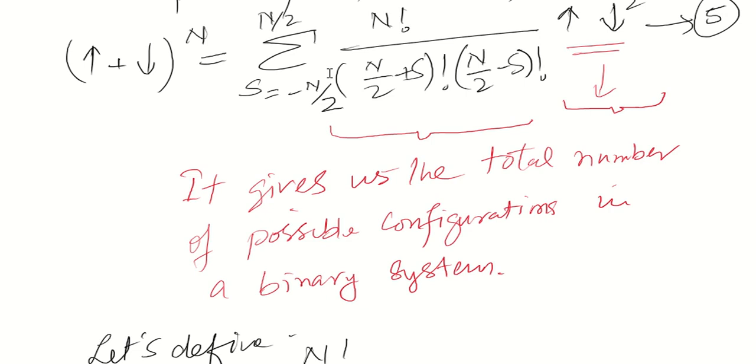We can also write this as n factorial divided by n up factorial times n down factorial. So we call this G of n, s.